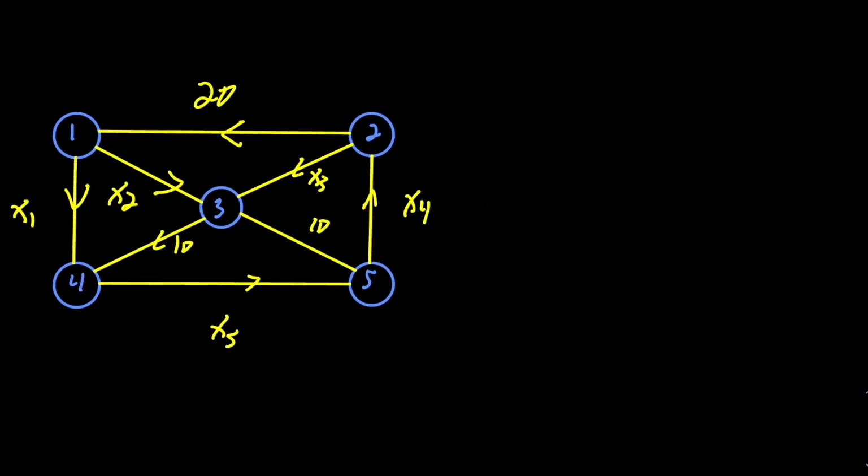So, let's observe x1 and x2. x1 is going from 1, 4, 5, 1. Okay. So, we have to look at the direction of each x variable. And if you notice, x1 and x2 tend to be going with the flow.